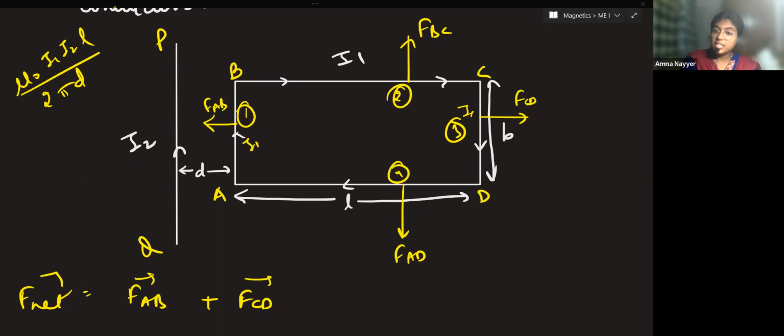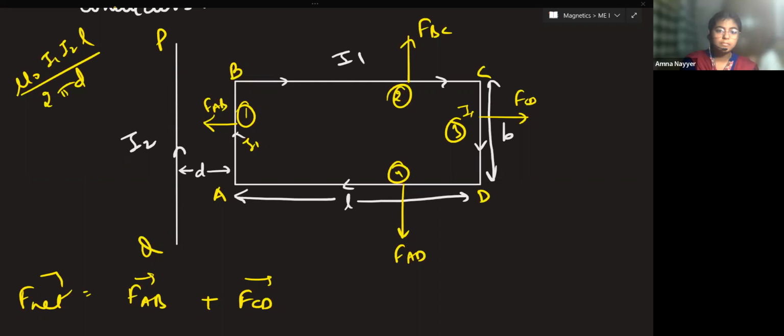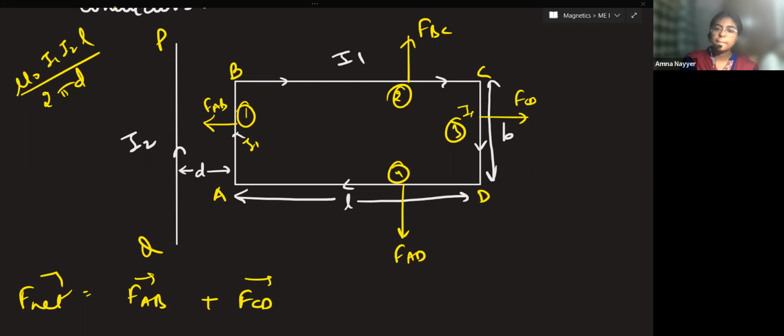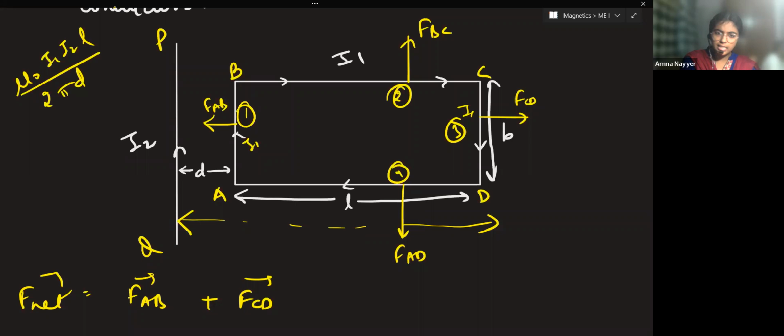What is the separation between CD wire and PQ wire? L is still here only. This total length, this is what? Look in the figure. L is still here and this is D.